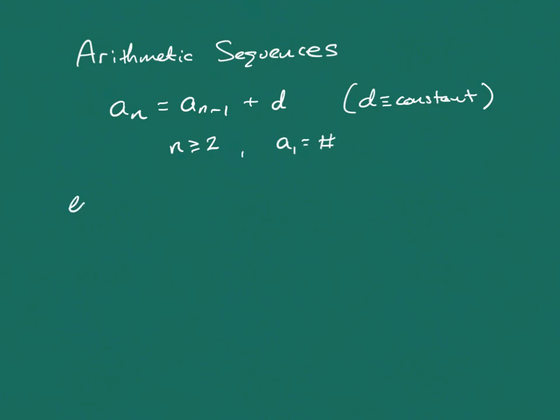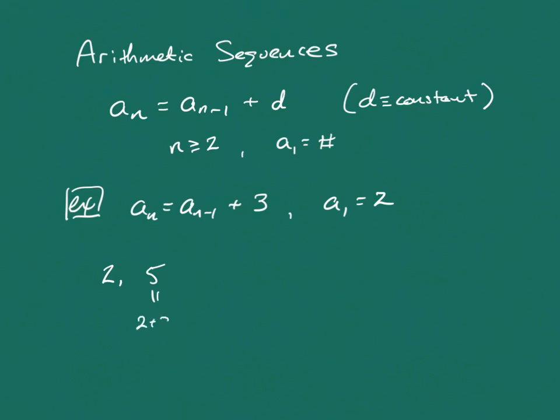So for example, if we had a sub n being a sub n minus 1 plus 3, and we say that a1 was 2, what would our sequence look like? Well, we're starting off with 2, and then 2 plus 3 gives us 5.